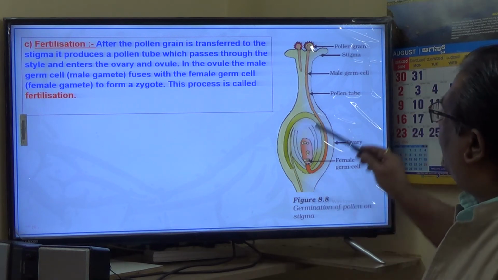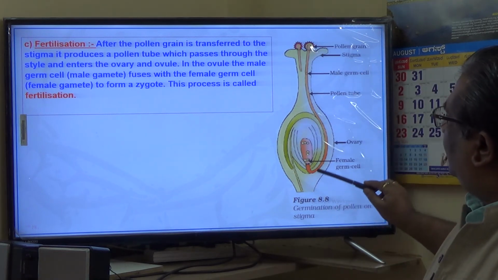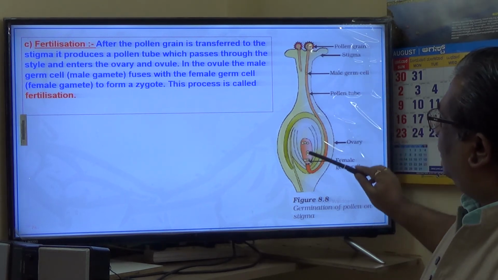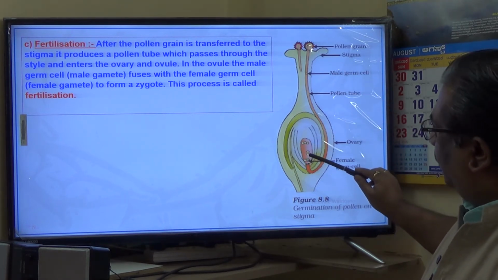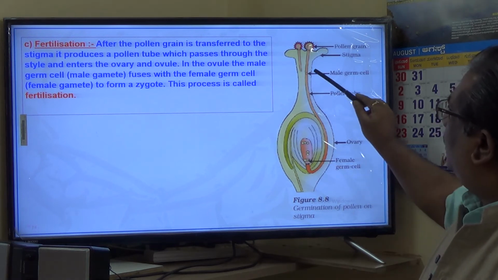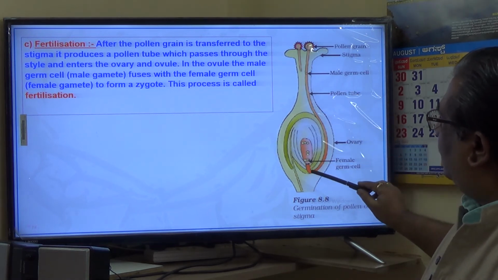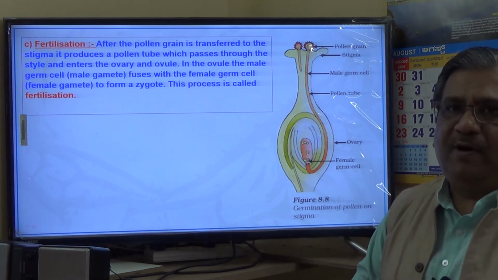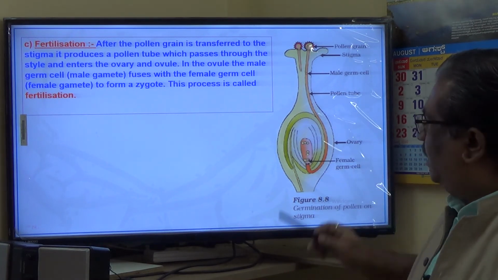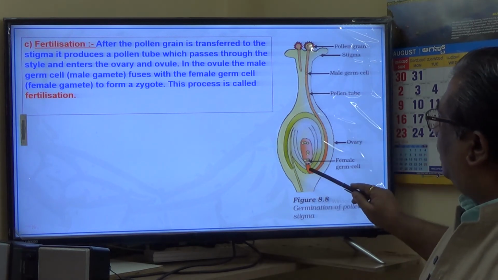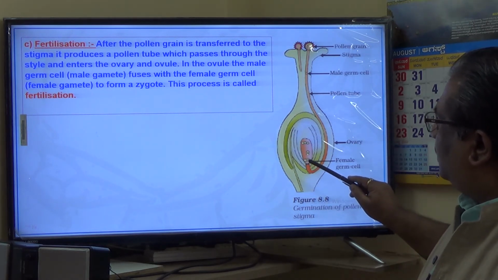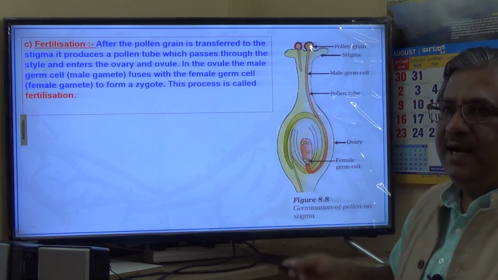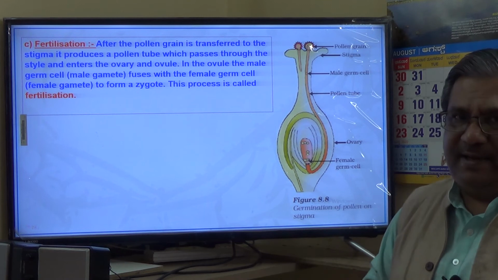That's one thing. Once this pollen tube establishes the bridge between the anther and the ovules inside the ovary, the male germ cell passes through it, enters the ovule and meets the egg. The moment this male germ cell meets the female germ cell, which is called an egg, fertilization takes place, and this is called a fertilized egg.